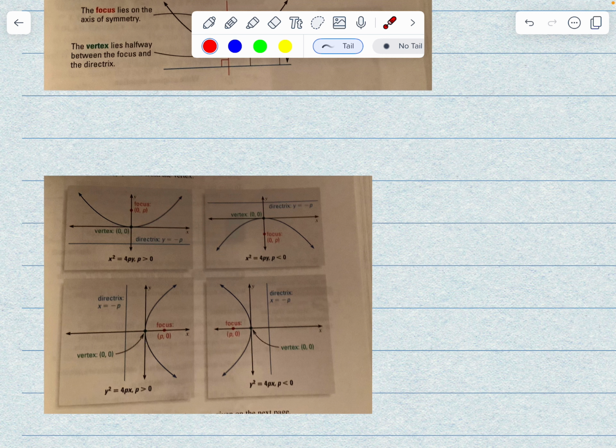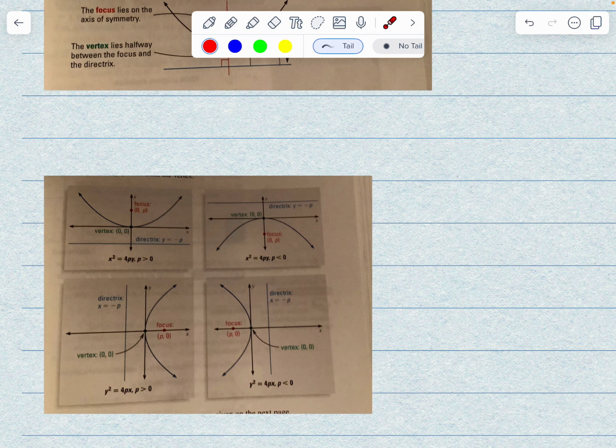Same thing over here. This is another way, when the parabola opens this way. This is your focus, and then this is your directrix, right? So now it's nothing but x equals minus p. Now here the parabola is going this way, right?